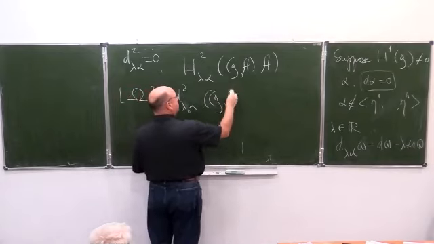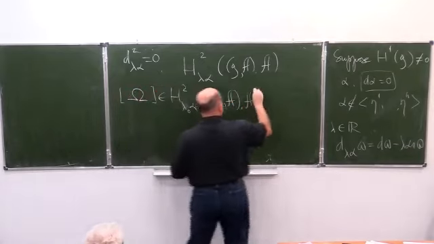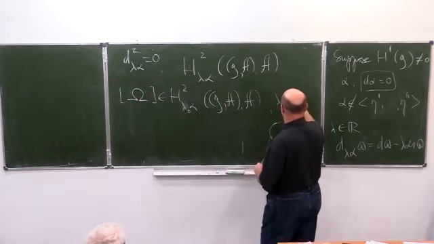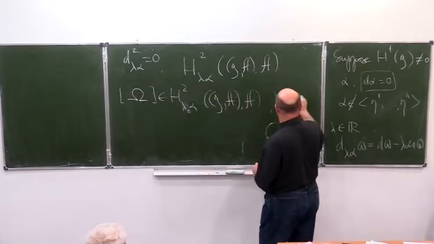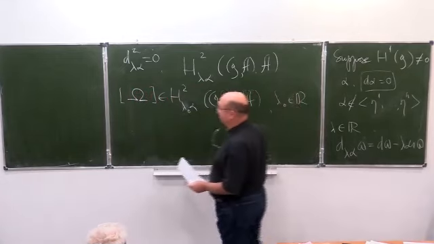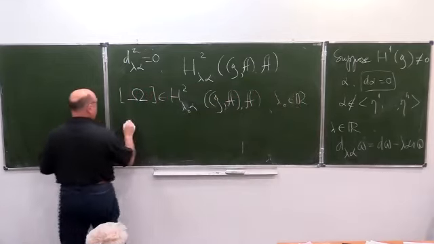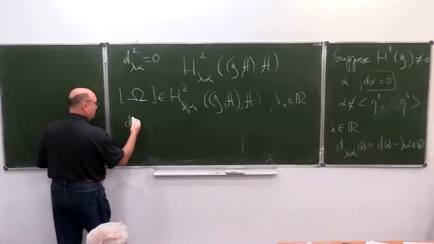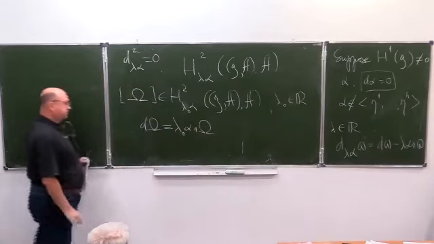This cohomology group is non-trivial for some fixed constant lambda 0. So, in other words, d omega is lambda 0 alpha multiplied by omega.